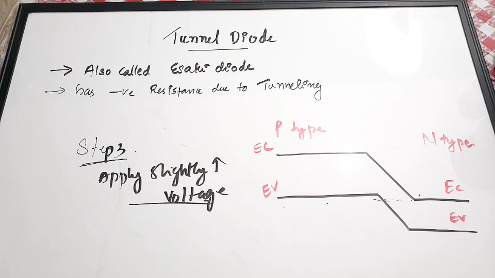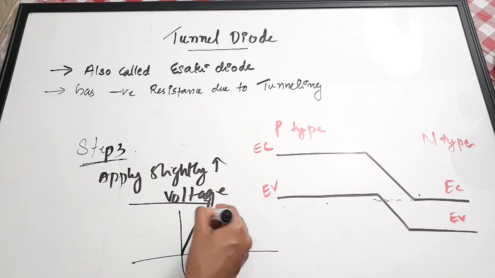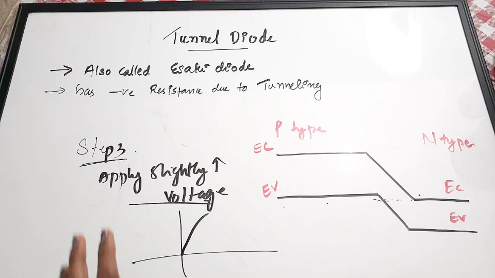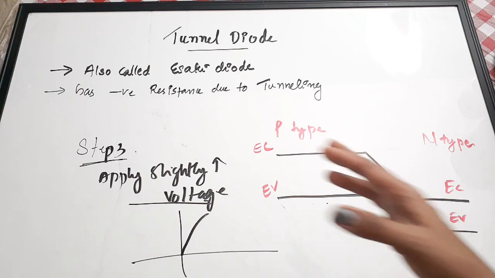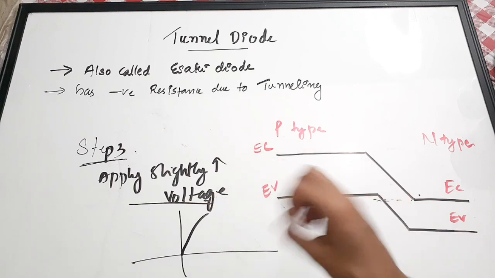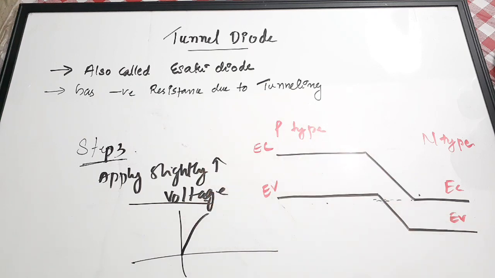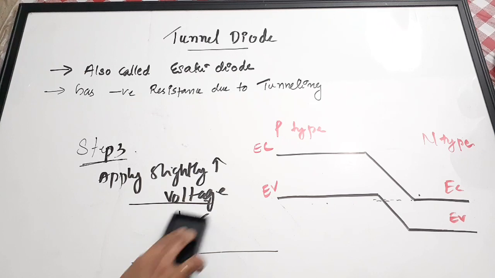Okay, so here the IV curve will look like this. The current will increase to the maximum. Now the curve of this tunnel diode is very important. While discussing the question also, you should know that the curve of this tunnel diode is very important. Okay, so I will draw the curve.